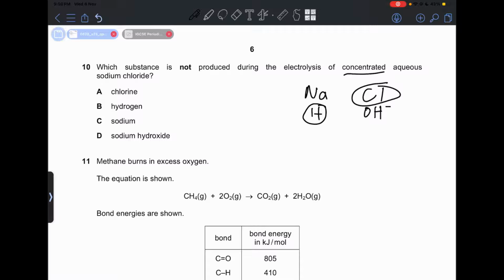There is more chlorine than water because this is concentrated, as I said. So hydrogen and chlorine will be produced, and actually there will not be any sodium produced in this equation. It is just hydrogen and chlorine. So our answer is going to be C because there's no sodium.